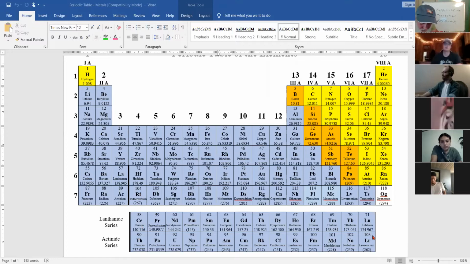90 through 103. If you're wondering why they're called the lanthanide and actinide series, it's because the element previous to them, number 57, is lanthanum. So 58 through 71 is the lanthanides. Here we have actinium, so the elements that follow it, the next 14 elements, are referred to as the actinide series.